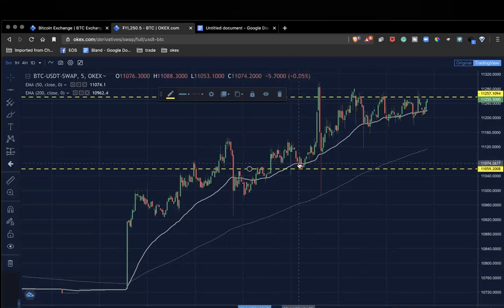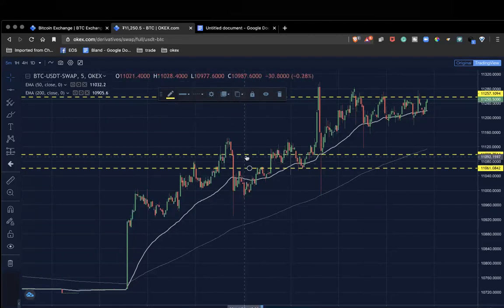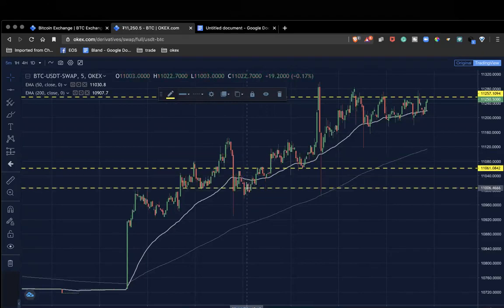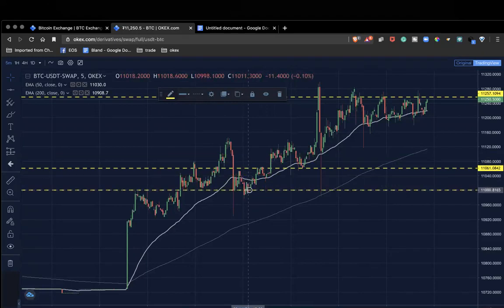But when you come here, it's acting like a resistance, because the price came here and then went back down. And when you come here again, it's an area of resistance too. So let's duplicate this line.